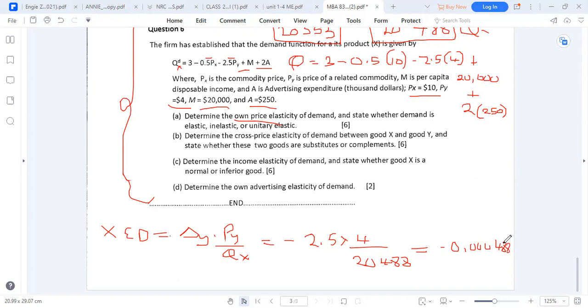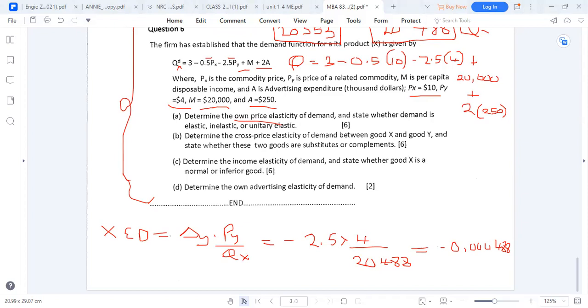Will somebody comment? What type of good is this? It's a complementary good.